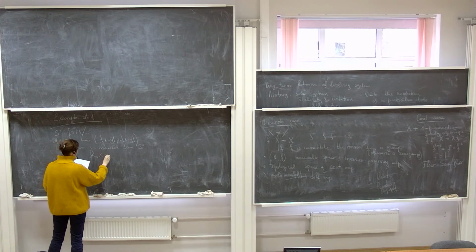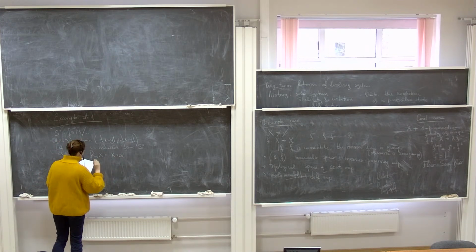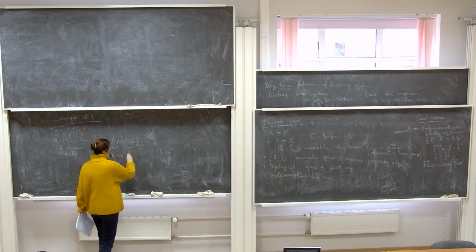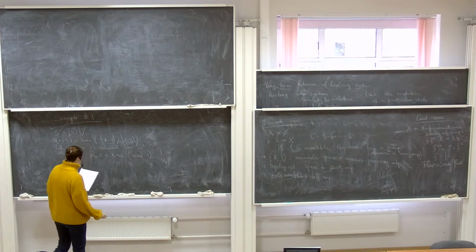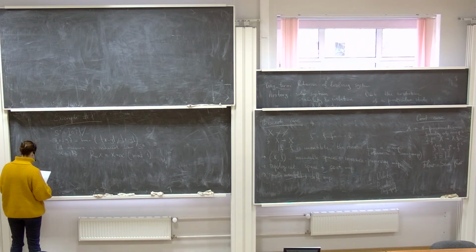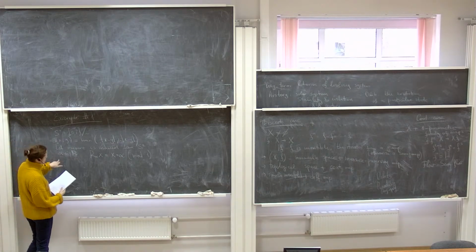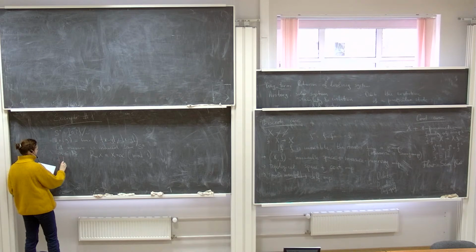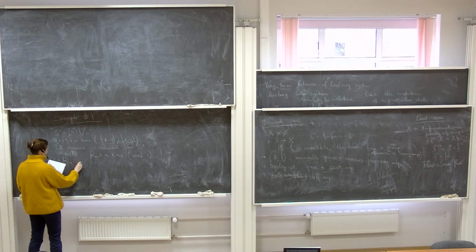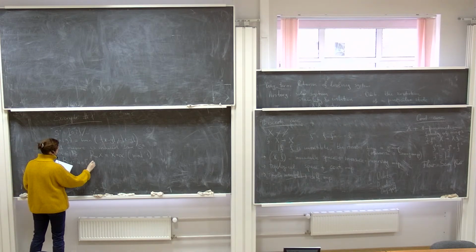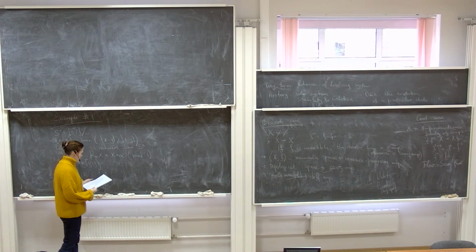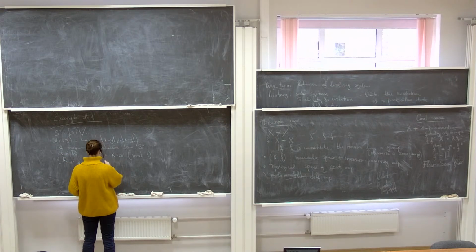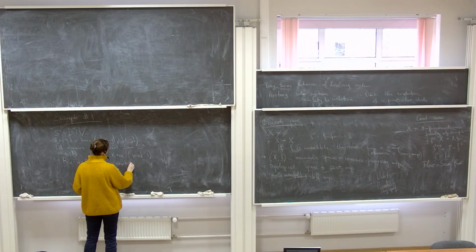We fix some real number, and we add this real number to x, and then we take modulo 1. Then what can we say? If we fix this alpha and consider R_alpha varying alpha from 0 to 1, then we get a group with composition as the group operation. So it's a commutative group.